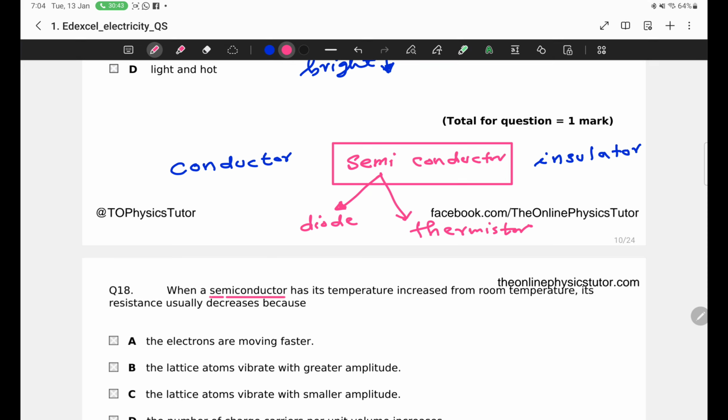If I mix some impurity in the silicon, then it becomes conductor. When silicon is pure, it is insulator. It cannot conduct electricity. But when it is doped, then silicon becomes a very good conductor. So it is called semiconductor.